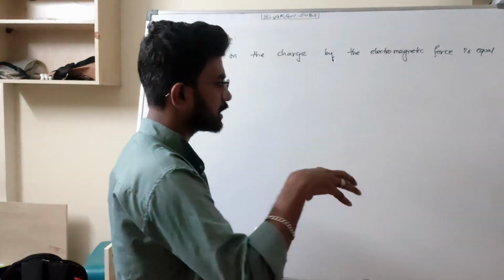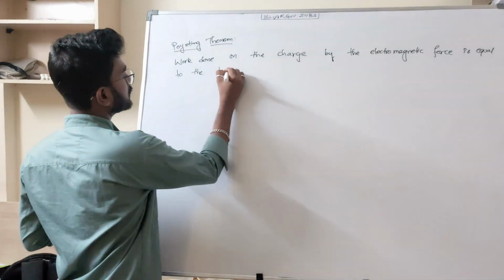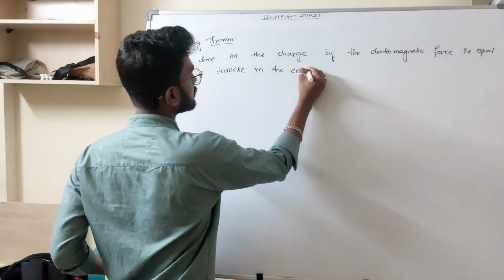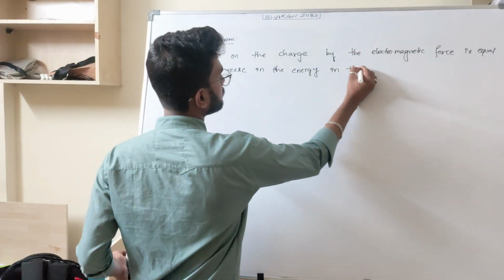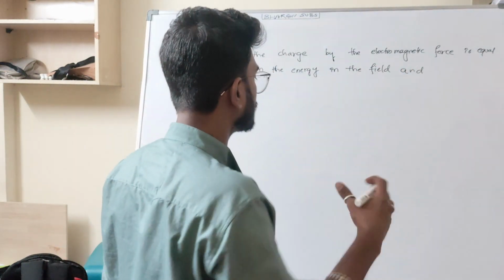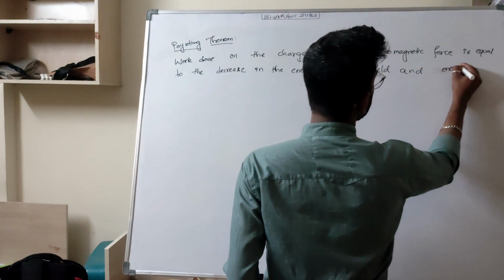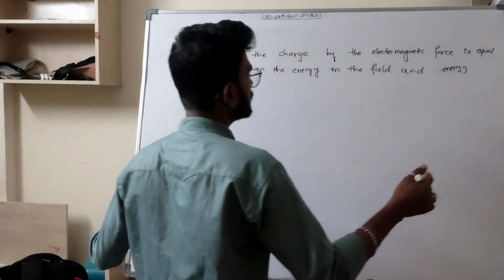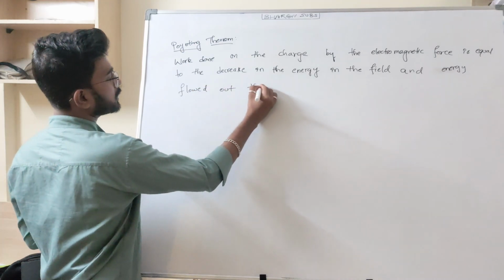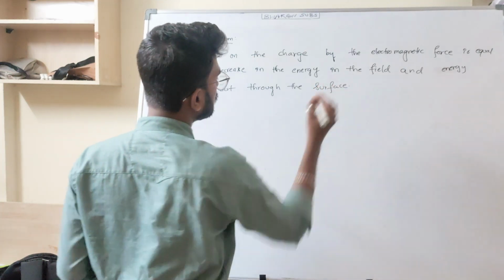Due to the electromagnetic force hitting the charge, there is a decrease in the energy in the field, and this also equals the energy flowed out through the surface.